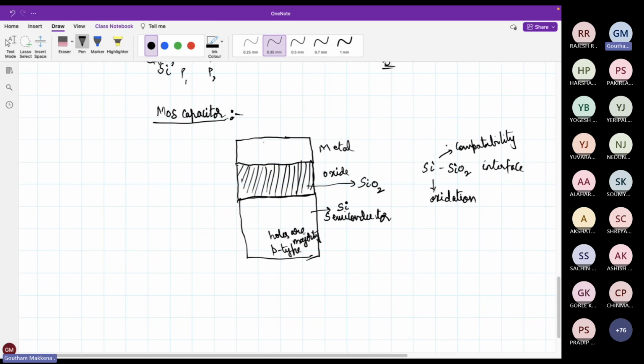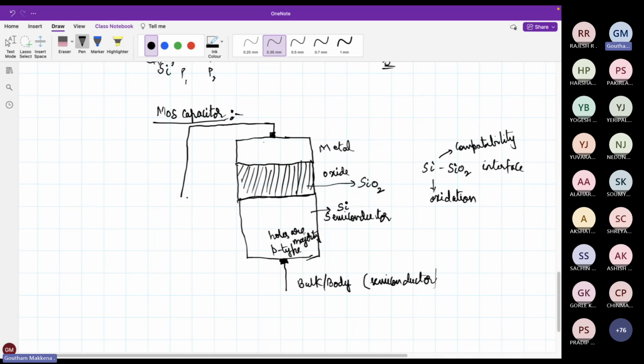Okay, right. So this is a MOS capacitor. Let me call this terminal bulk or body. Okay, so when I say bulk, this is the semiconductor terminal. And I have another contact over here, which is the metal contact.